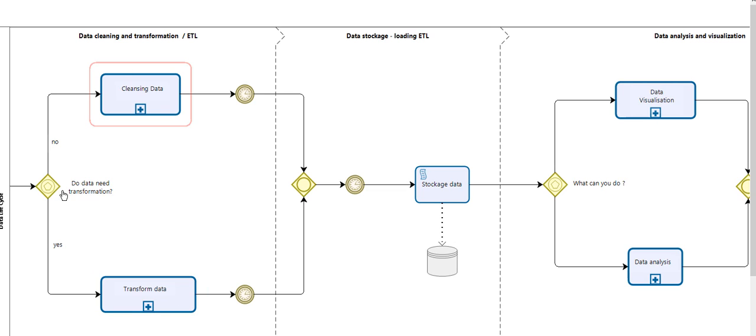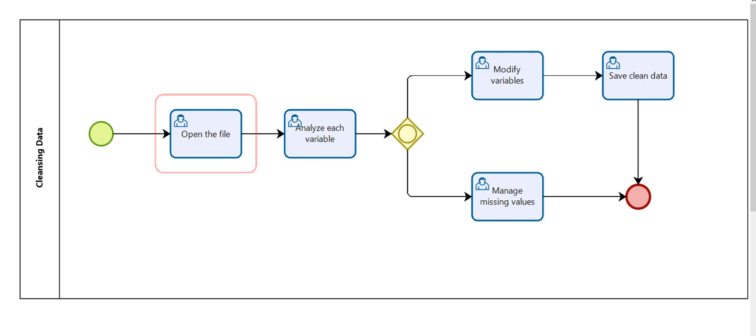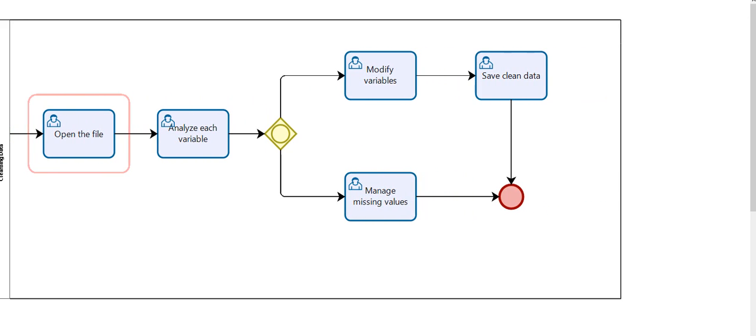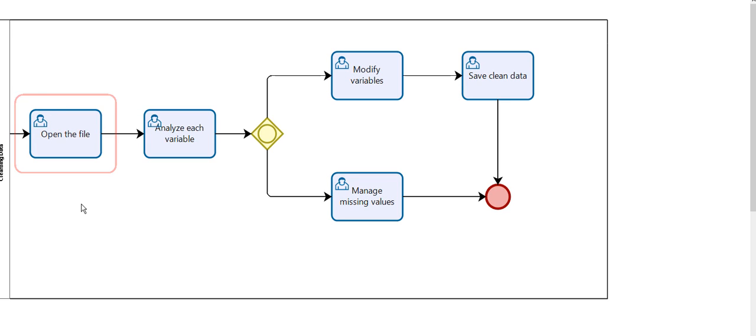So here you analyze it, you look at your data, and you decide if it is only a simple cleaning or if you have to transform your data. The cleaning of data is also a sub-process, and we are going to see that the process begins: you have to open the file.